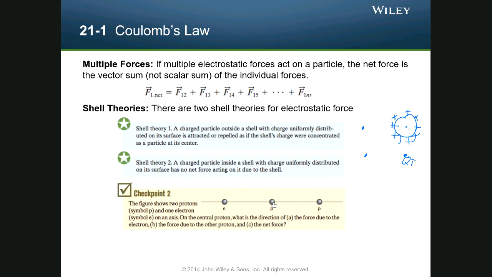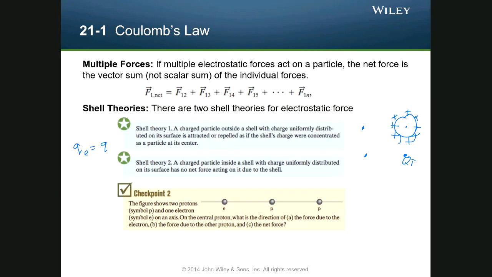Okay, so we can look at this, and it's important to note one basic thing. The one thing you haven't been told for this checkpoint is that the charge of an electron is equal to the charge of a proton.